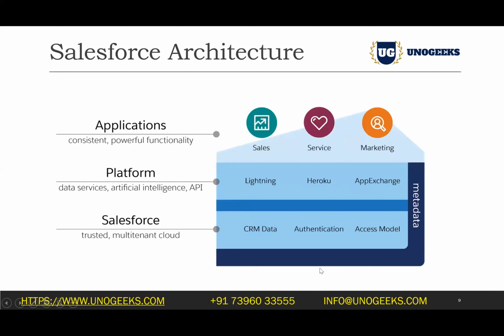That is what the base Salesforce architecture lies in. Your metadata is nothing but your objects, fields, your applications, your automations, all those things. So the first layer is your CRM data, your authentication and your access model. That is the base of your platform.